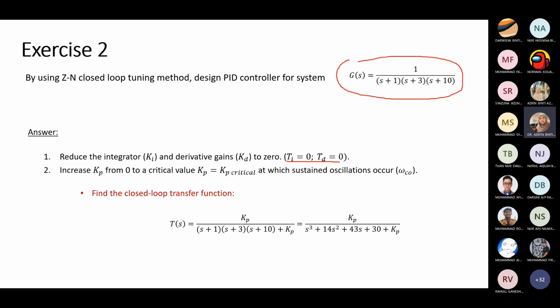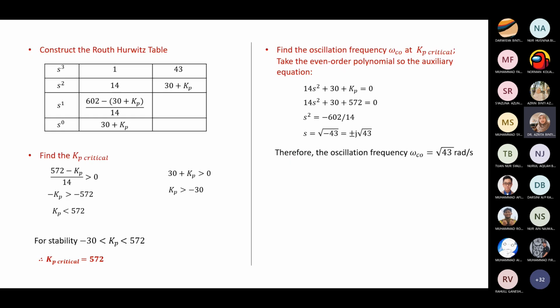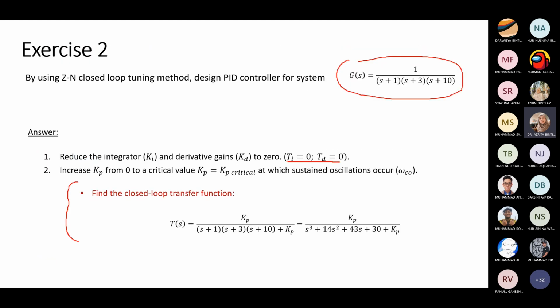In real experimental implementation, you can increase the gain value of Kp, but in theory, to find the value of Kp, we will use the concept of Routh-Hurwitz. If you remember, you have already learned this. Basically, we use the Routh-Hurwitz table to determine the K for stability.